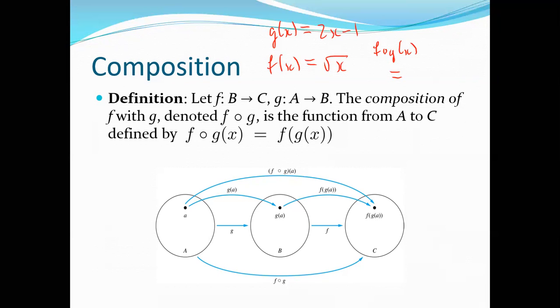Like you would plug G into the function F. So that would just be the square root of X replaced by 2X minus 1. Basically, everywhere you see X inside of F, you replace it with the entire function G. Yes? Okay, so that's how composition works. Okay? Cool.